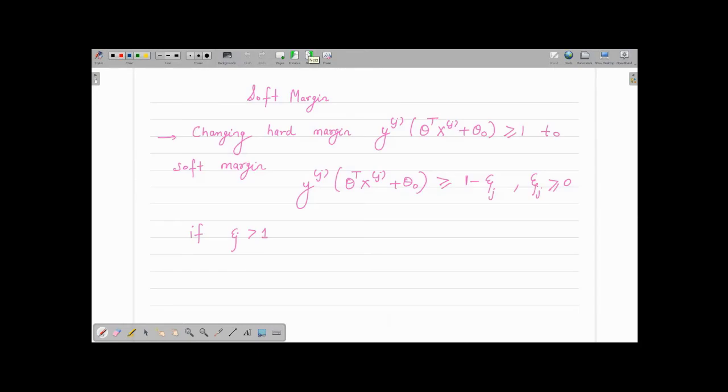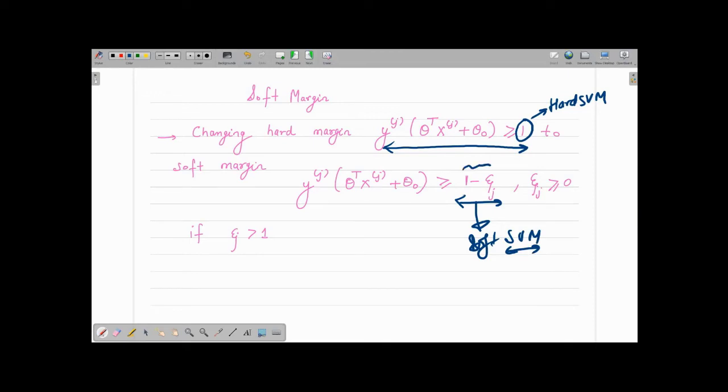So if you formulate the optimization framework again, in case of hard SVM, you remember the constraint was this, greater than 1. But now when you are using soft SVM, the constraint becomes this. And I hope now you must be knowing why this zeta is coming, because I have told you from the derivation how this zeta is coming from the diagram. So the constraint is, instead of using 1, which is the hard SVM case, now you are actually relaxing the boundary, and this is the soft SVM.